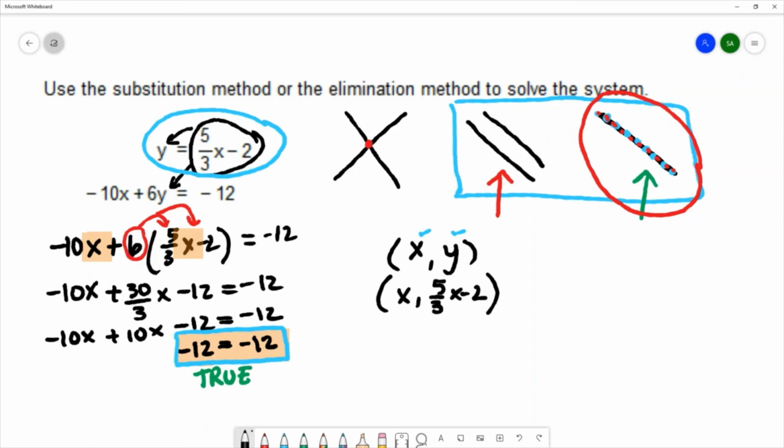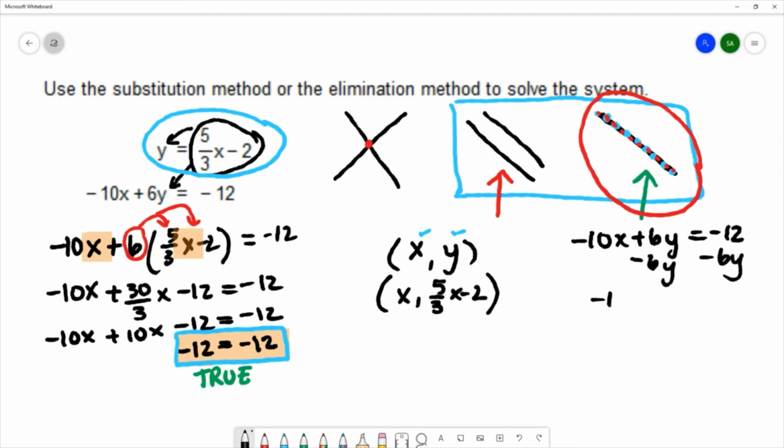Now you could also do this in terms of y as well, but I would need to rearrange one of these equations to solve for x. So if I wanted to do that, I would take the equation negative 10x plus 6y equals negative 12. Solve for x, I would subtract 6y.